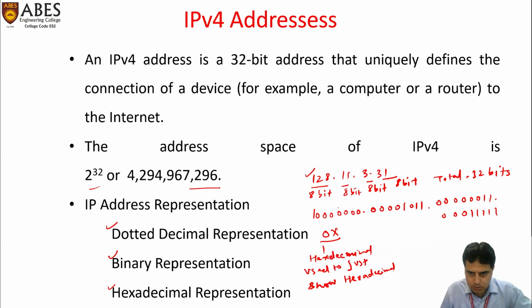So for the hexadecimal representation of the same IP address, this is 8, 0, then 0, B, then 0, 3, 1, F. So it is represented in base 16.